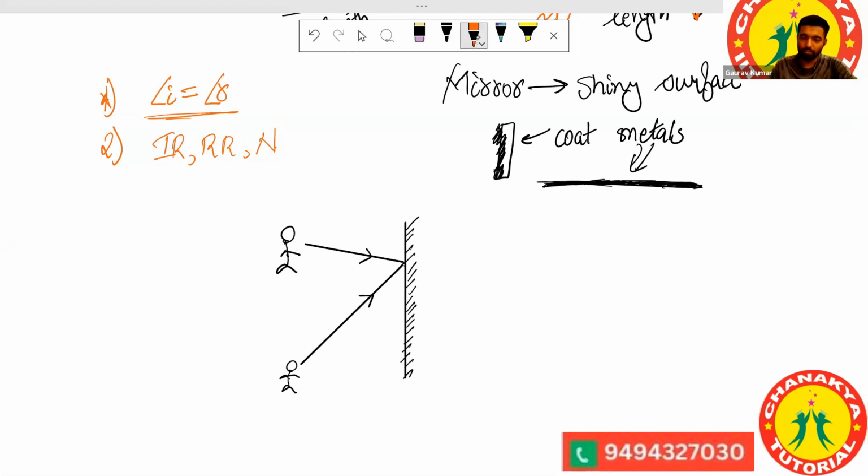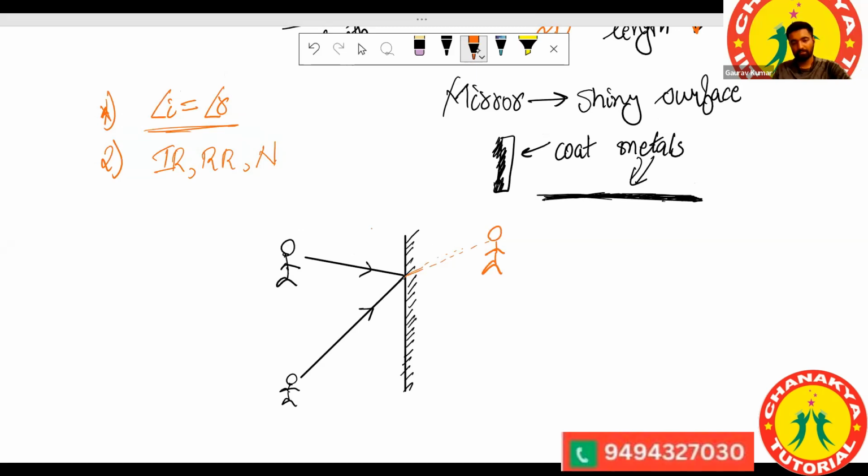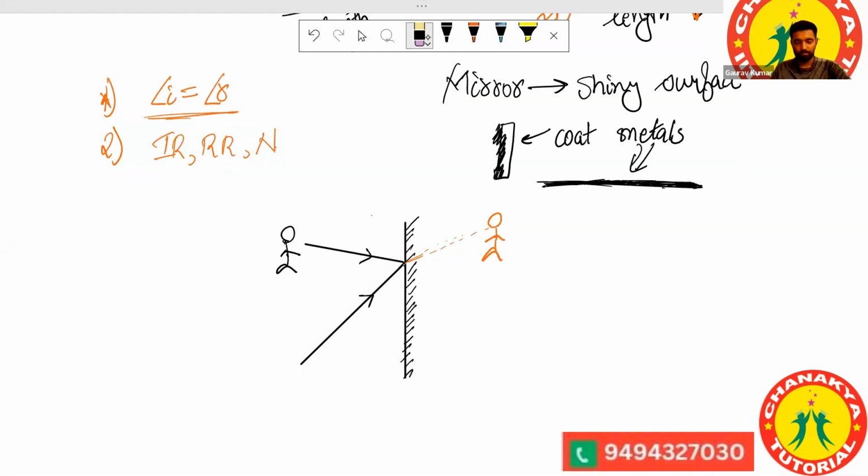Will it appear that the person is standing somewhere on this side? If a person is standing on this side and light is reflected from this mirror and coming to your eye, how will you perceive that image?